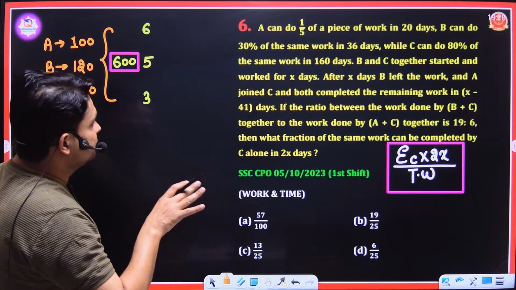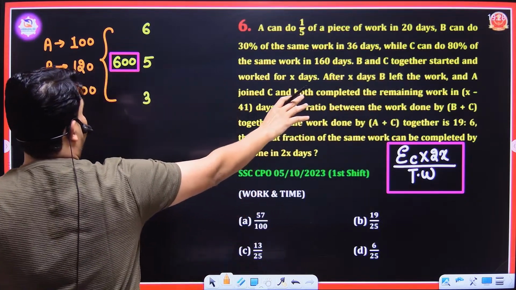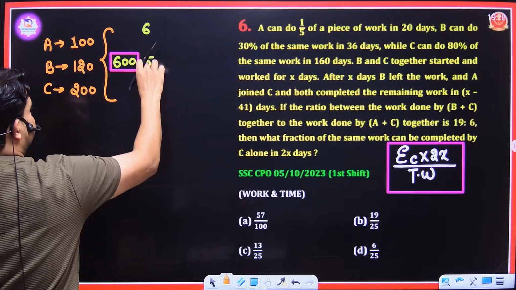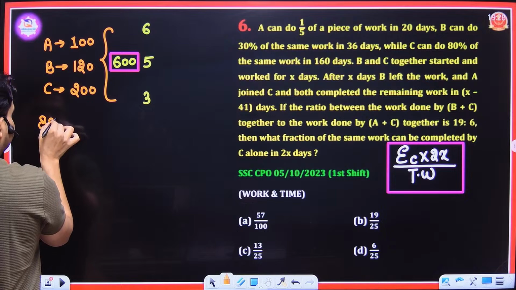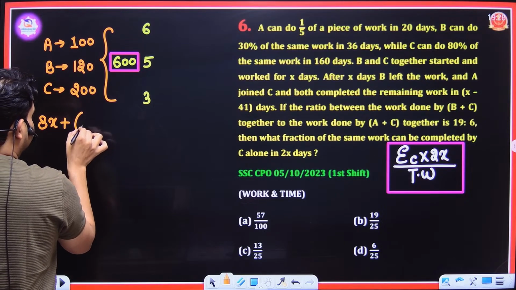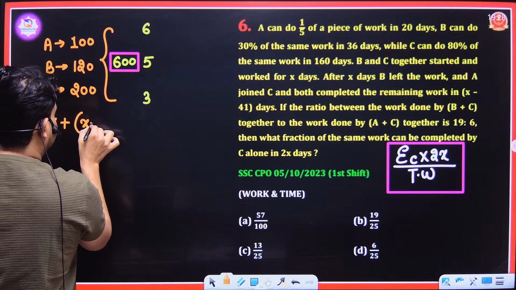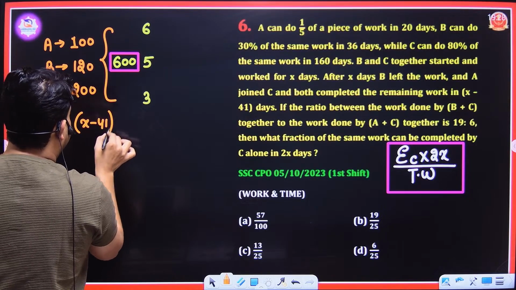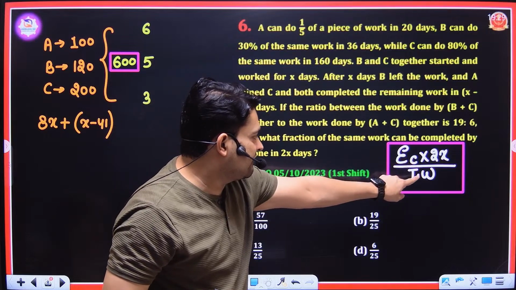See, the question is B and C together start the work for X days. The efficiency of B and C together is 8, and they work for X days, and the remaining work is done in X minus 41 days. I have the efficiency of C, I have the total work.